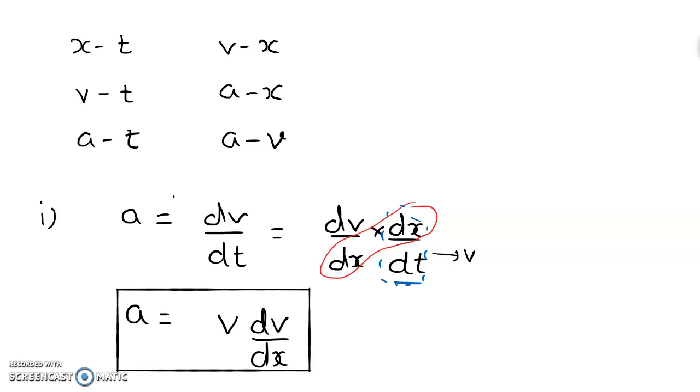Now let's move on to a different function, for your practice. Not a big thing. Say for example, I have x as 3t square.